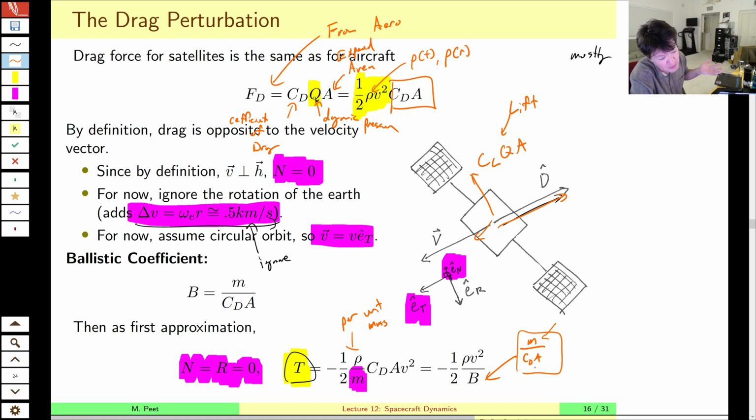Like the International Space Station is more massive than most satellites, like a CubeSat, and so ISS, for example, has a large ballistic coefficient, and a CubeSat has a small ballistic coefficient.